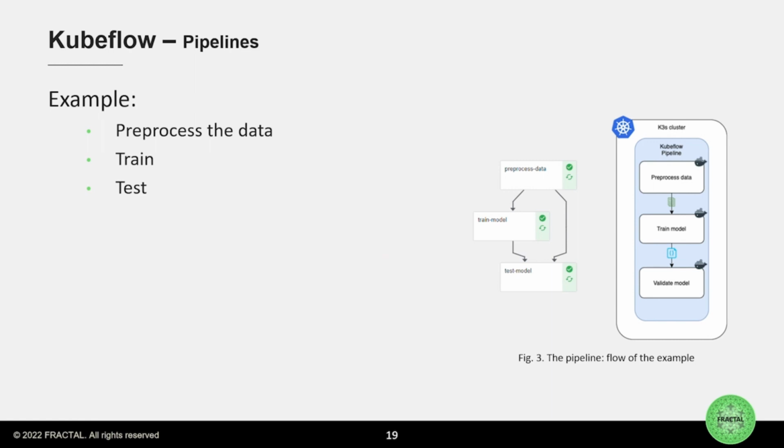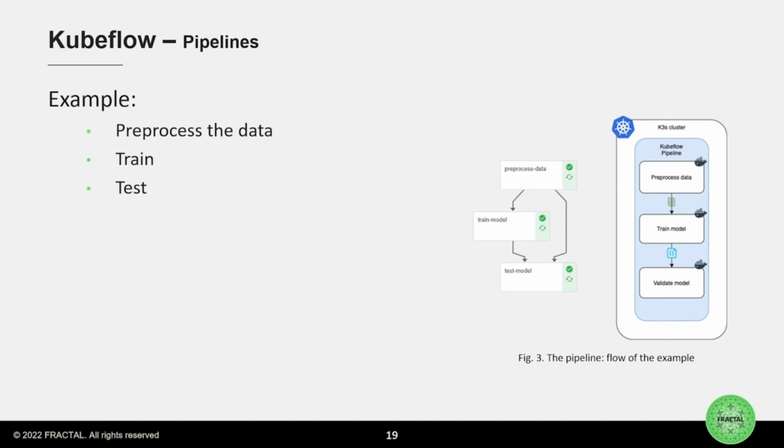These modules are pre-process data, which will pass the data to train model and test model. The train model module will start training the model. And at the end, we have the test module, which will test the result of the train model using the data from the pre-process data module.